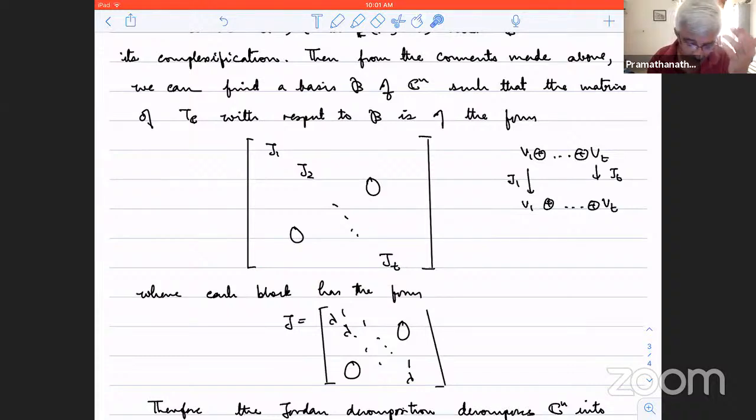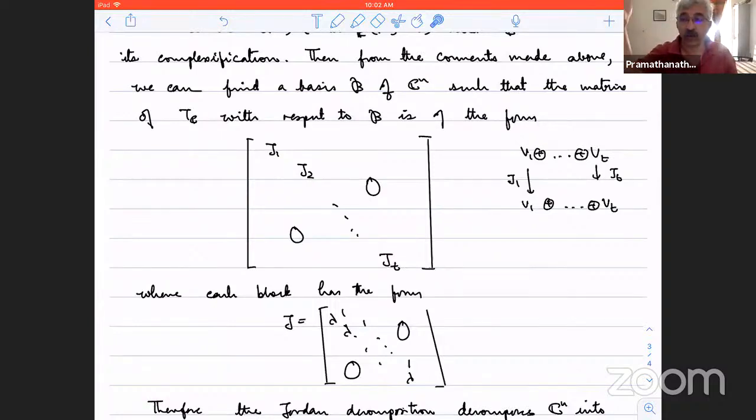If this block is of size N1 cross N1, then the vector space spanned by E1, E2 up to E_N1 is V1. If this is N2 cross N2, then the vector space spanned by E_(N1+1) all the way up to E_(N1+N2) is V2, and so on. This is in K to the power n, where K is the field.